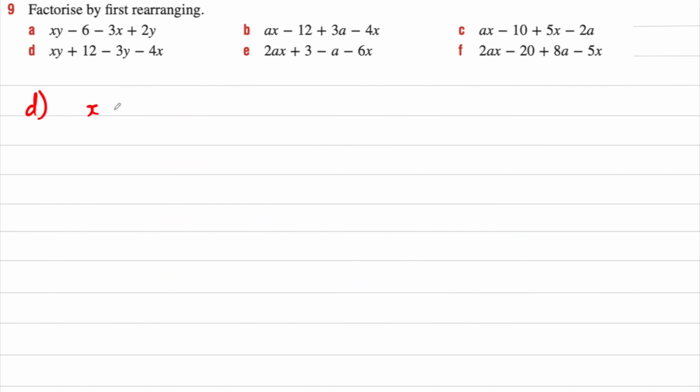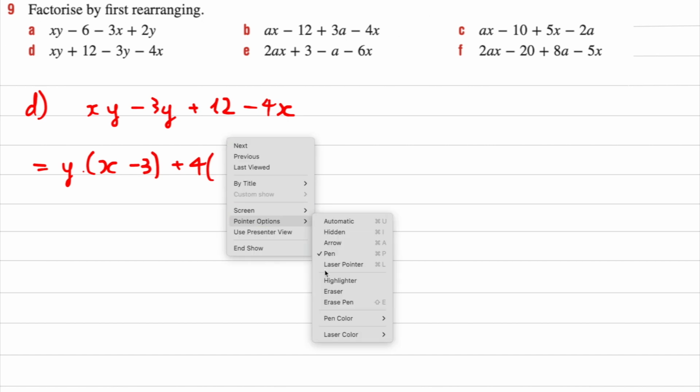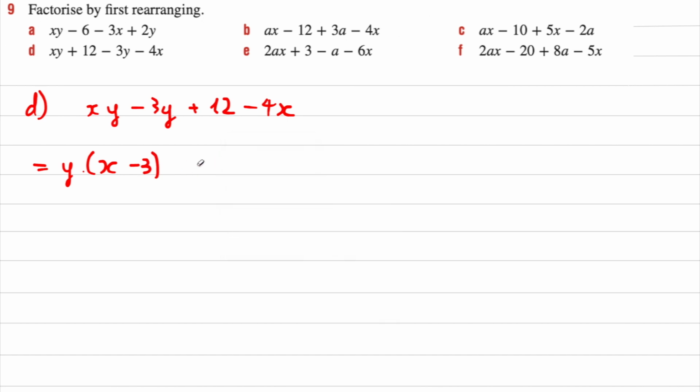Question D, I will change xy minus 3y plus 12 minus 4x. Take y outside, you get x minus 3. And I will take 4 outside. No, it cannot be 4.